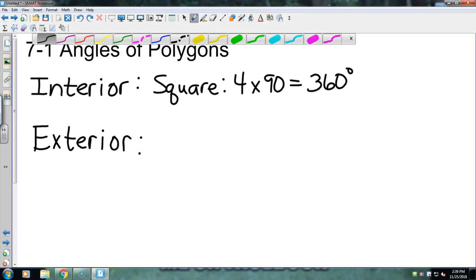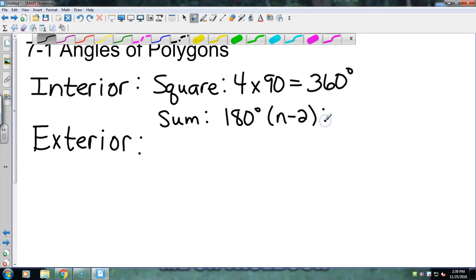Well, there's actually an interior angle sum formula for any convex polygon, and that is 180 degrees times n minus 2. And n stands for the number of sides.